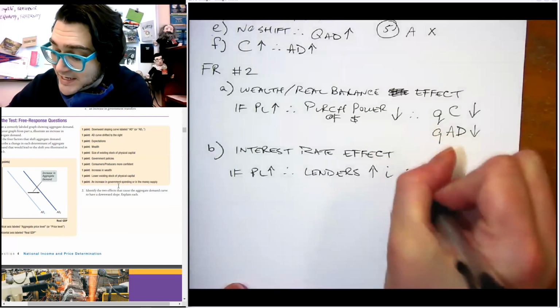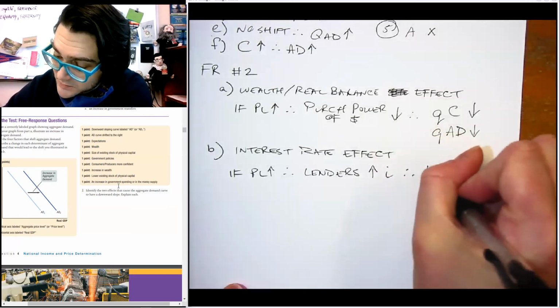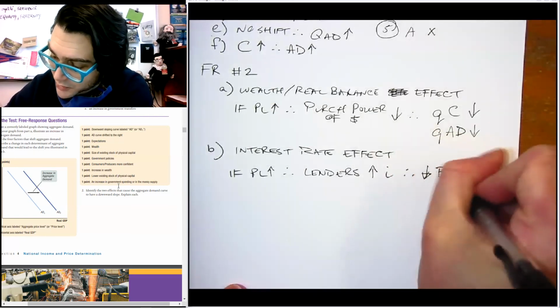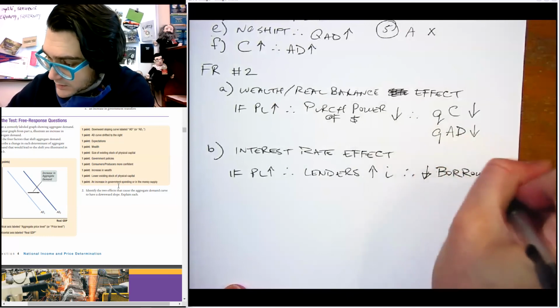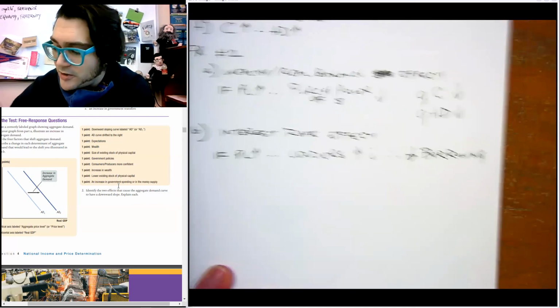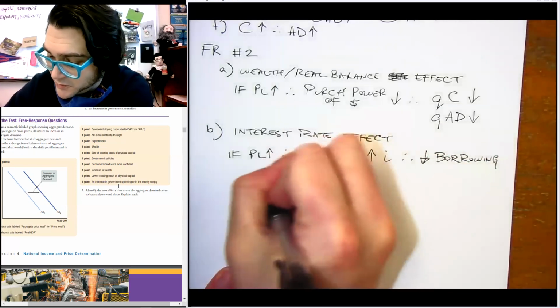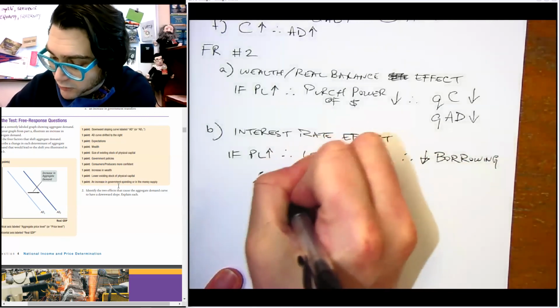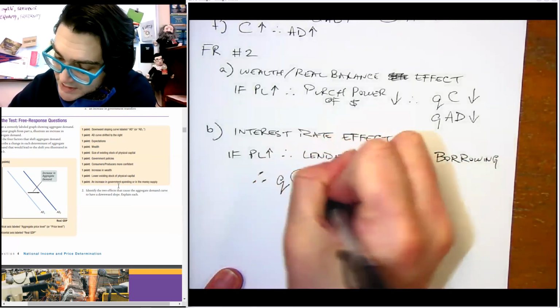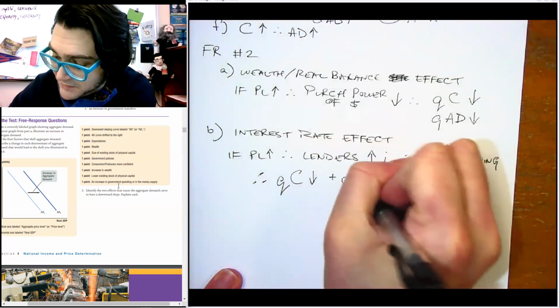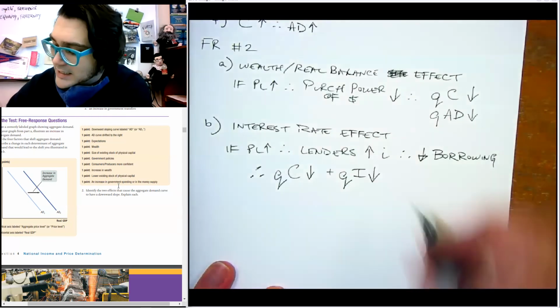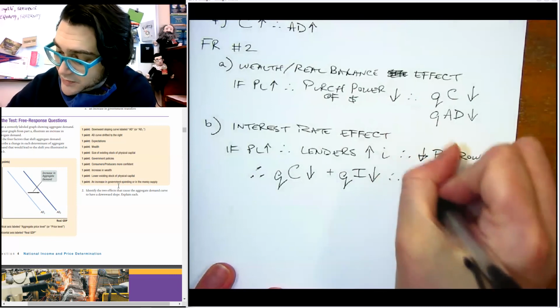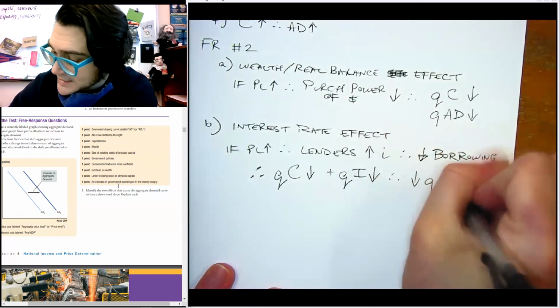That has the effect of discouraging borrowing. And so the quantity of consumption decreases and the quantity of investment decreases, and that would be a decrease in the quantity of aggregate demand.